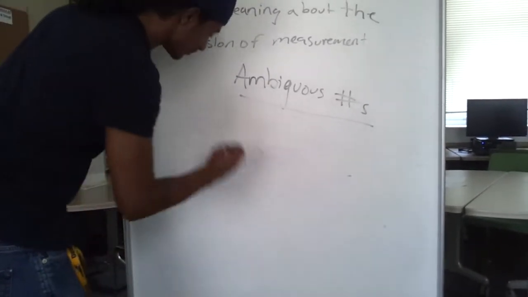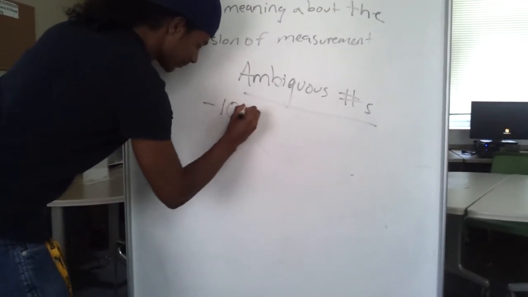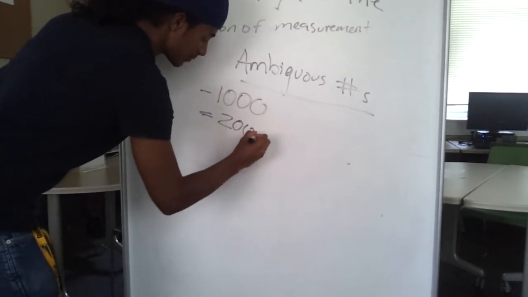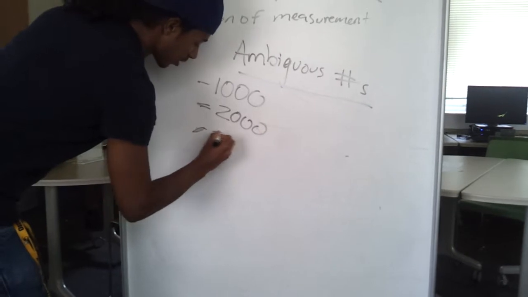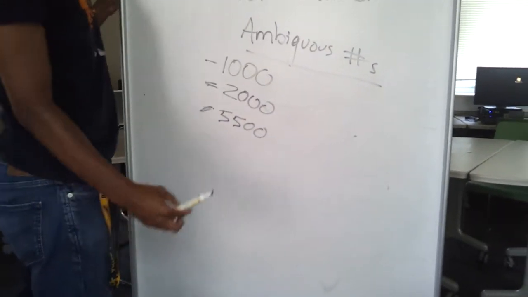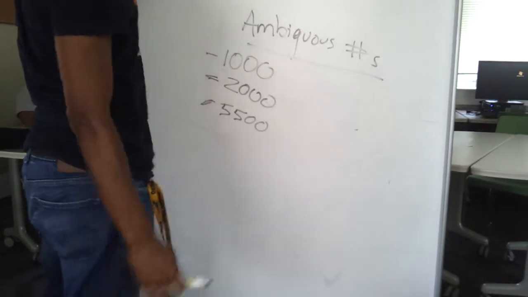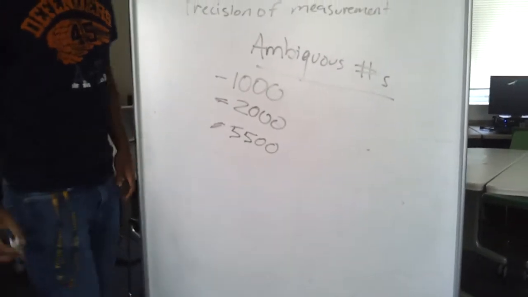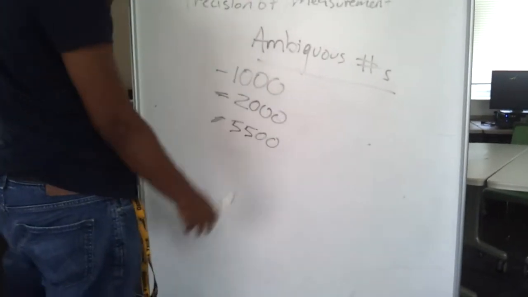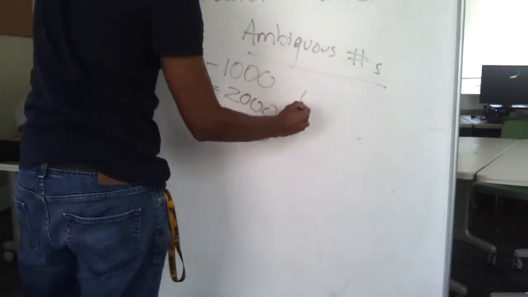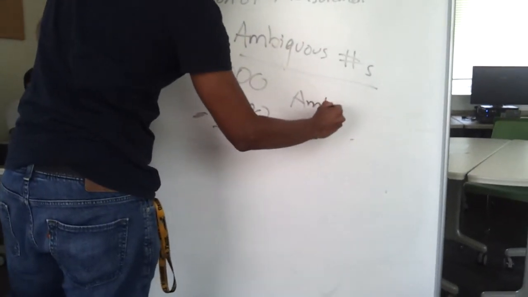So for example, these numbers right here are considered ambiguous because we never know when the number stops. We're never given a decimal point, a bar, anything. So, if you're ever asked to find the significant figures of a number ending in zeros, you go ahead and write down ambiguous.